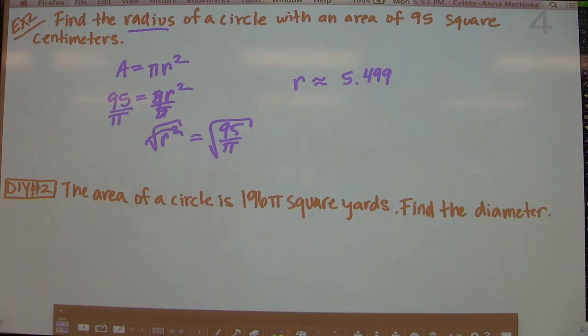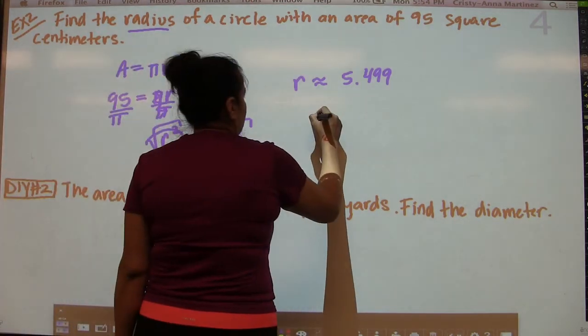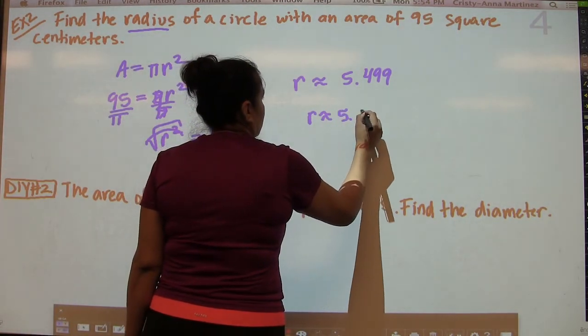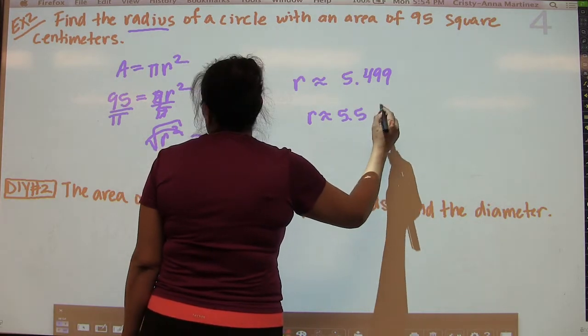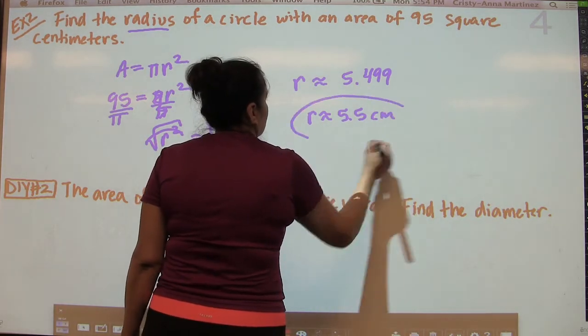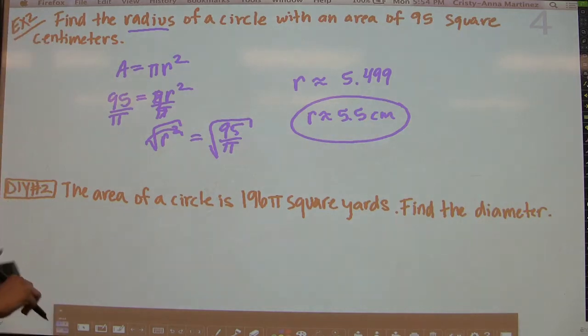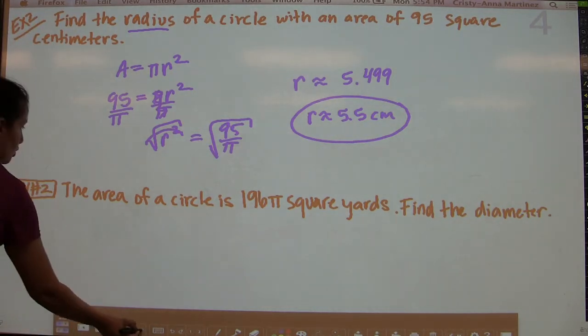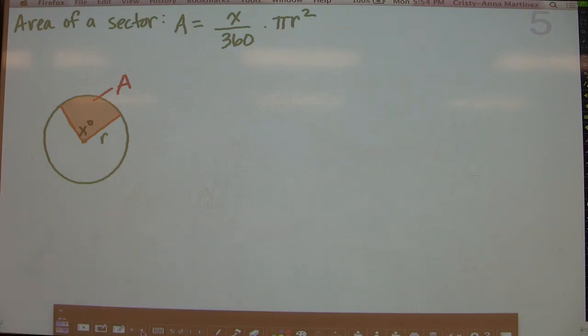It doesn't tell us how they want us to round it, so we're going to round it to the nearest tenth, which will be 5.5 because of the 4.999, so 5.5 centimeters. There we go. Now you can try Do It Yourself number 2 at the bottom of the screen, and then we're going to go to the area of a sector.